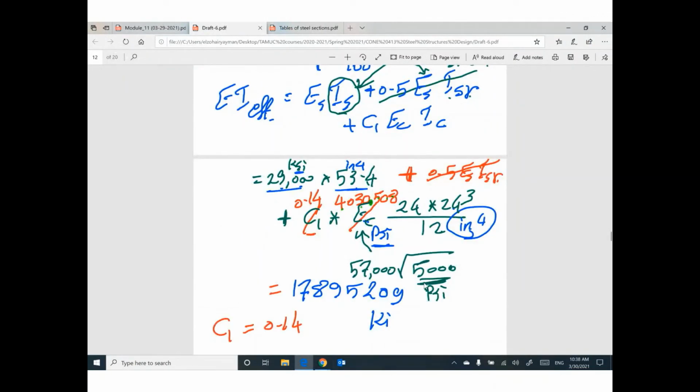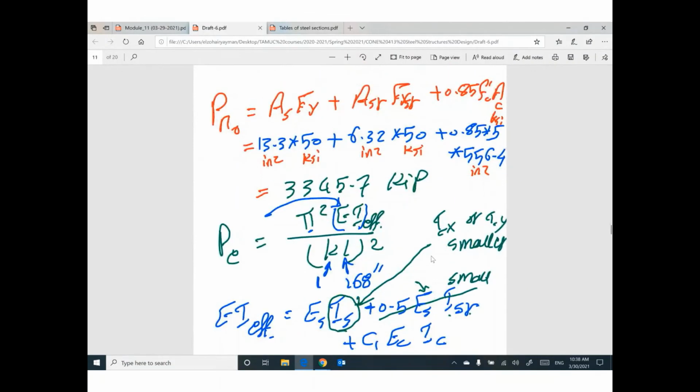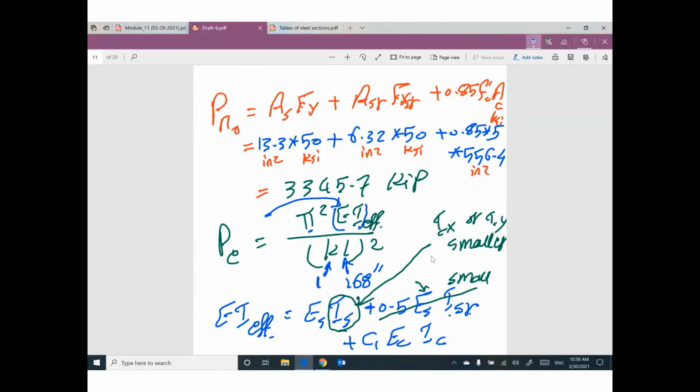So your value for PE will be times pi square divided. So this value of PE will be 6,257 kip.